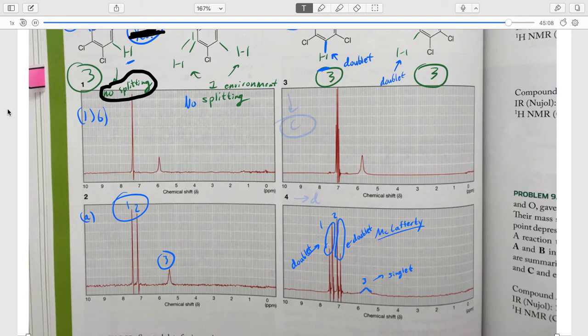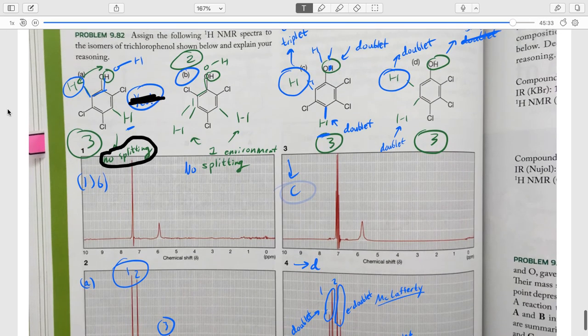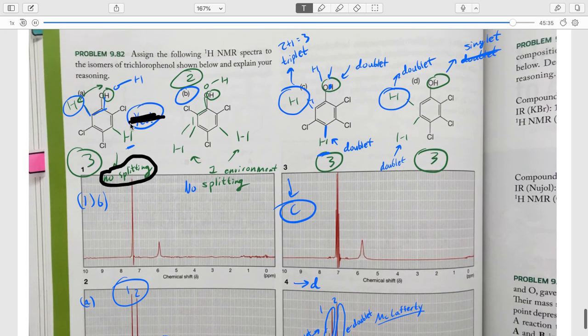Yeah, sorry, this one would be the one with the doublet. And is that what we observed below? We get singlet, doublet, doublet, so 4 probably has to be D. And then by process of elimination, 3 has got to be C. That was a good problem.